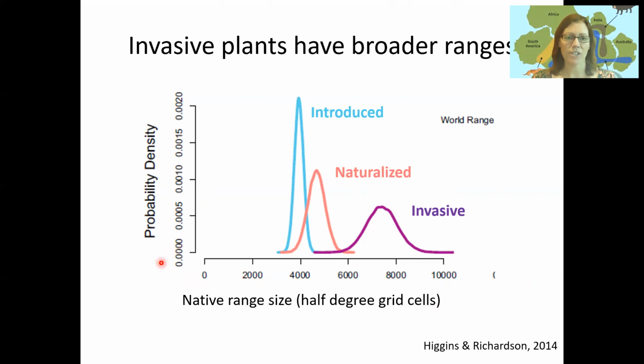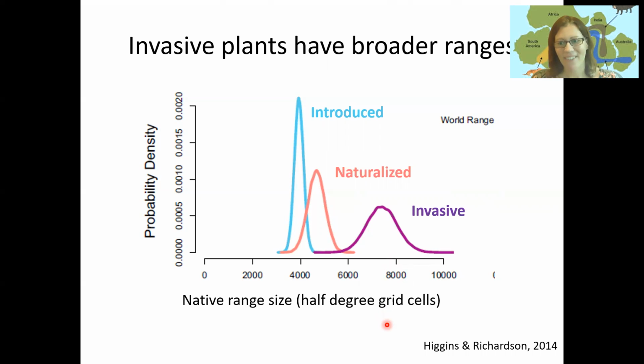And these are essentially histograms, right? So where did the introduced, naturalized, and invasive species fall in terms of the breadth of their native range? And so you can see that the invasive species, relative to naturalized, relative to introduced, have much broader native ranges. Naturalized slightly broader than introduced. And so this tells us that basically you're more likely to be invasive if you have a broader native range.